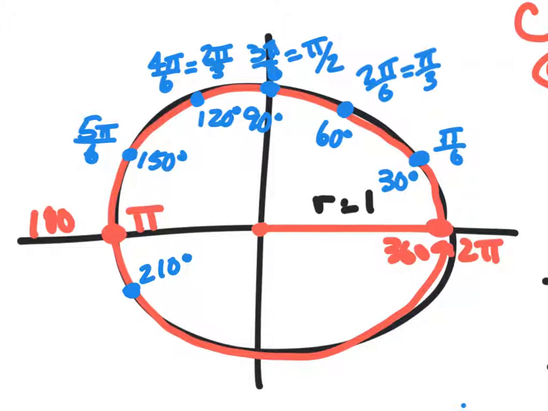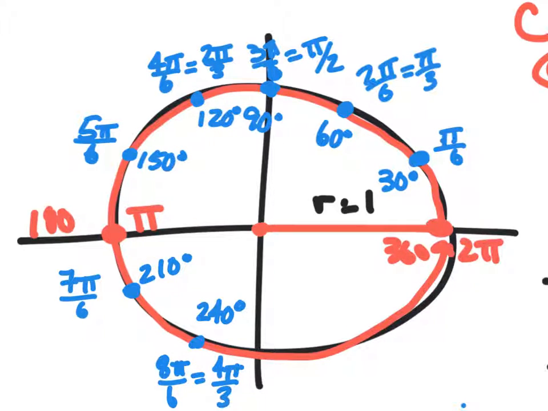And if I take 6 pi over 6 and add another pi over 6, it's going to give me 7 pi over 6 radians. Add another 30 degrees, we're going to get 240 degrees, which gives me 8 pi over 6 radians, which is really just going to give me 4 pi over 3 radians.